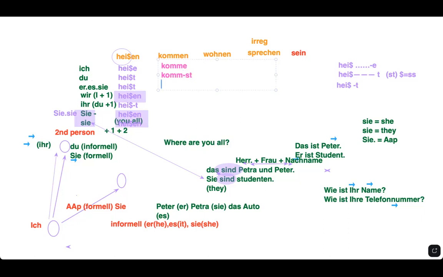So kommst. Here, it doesn't matter, even if the verb is irregular. Doesn't matter what kind of verb it is. Here is easy. It will always be just the stem of the verb and T.